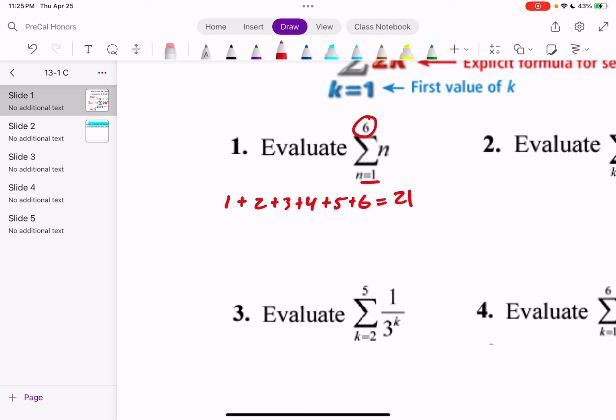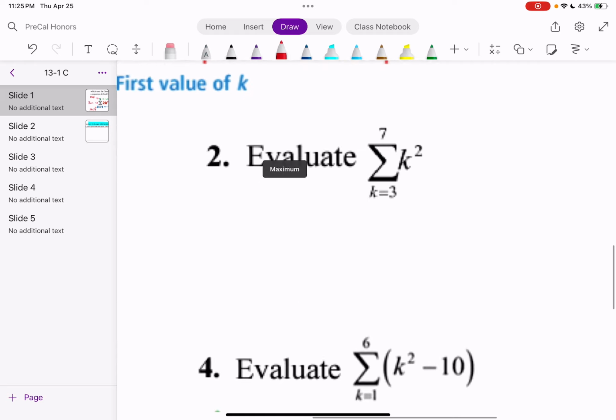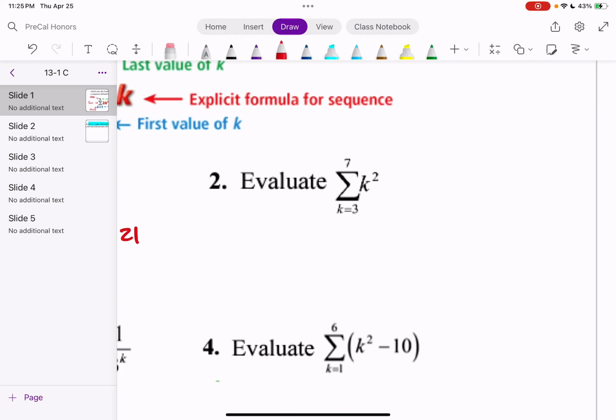Now, let's go ahead and take a look at example 2. In example 2, we have a very similar problem. We have the sum from k equals 3 to 7, with the equation being k squared. Now, for this problem, we're going to go ahead and write down each one of our numbers.